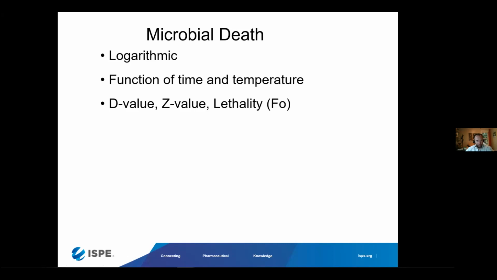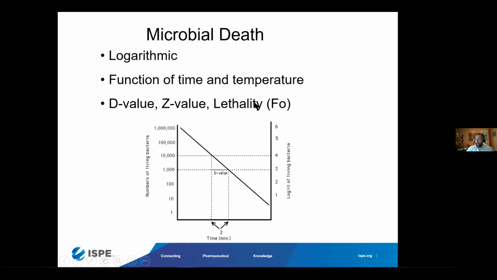In the last 100 or so years, we've developed some mathematical models or assigned some physical properties to bacterial populations. So concepts like D value and Z value talk about the microorganism resistance to steam, while lethality is a physical measurement that can be used to estimate microbial death as well.